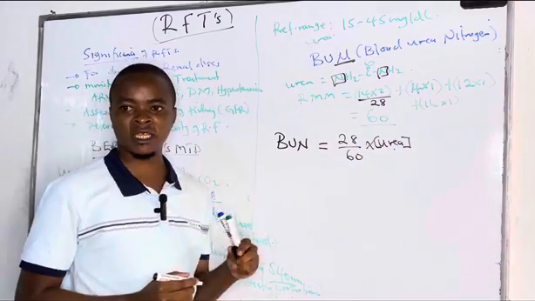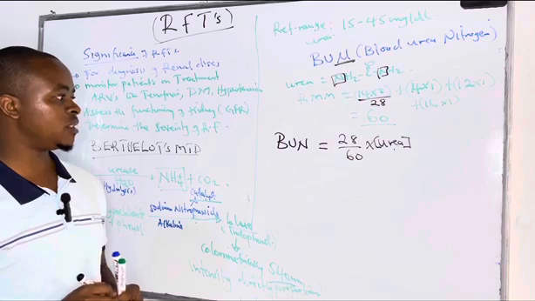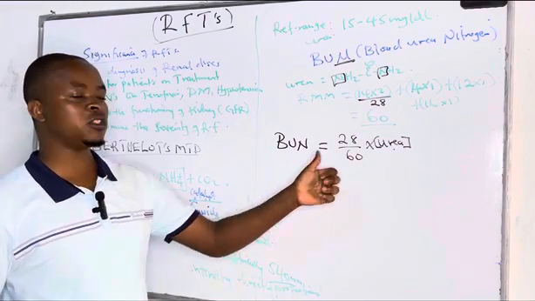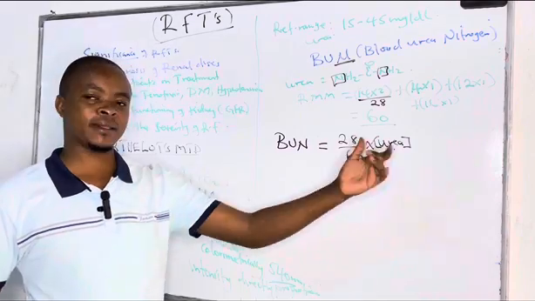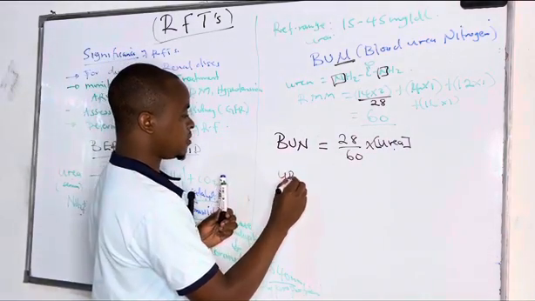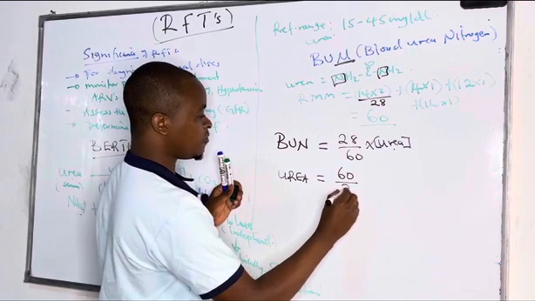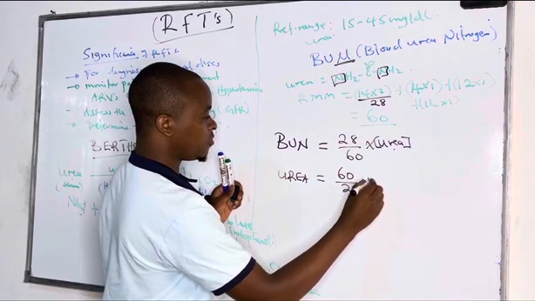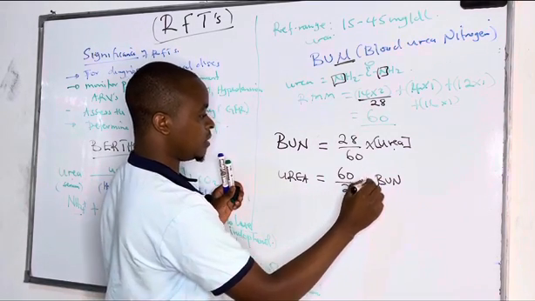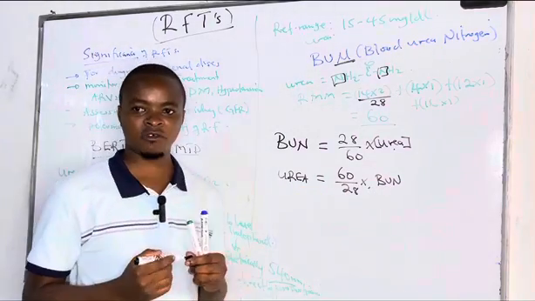And this is the formula you can use to determine blood urea nitrogen. And even if I have BUN, I can also use it to determine urea by making urea the subject of the formula, whereby urea concentration is equal to 60 out of 28 times BUN.